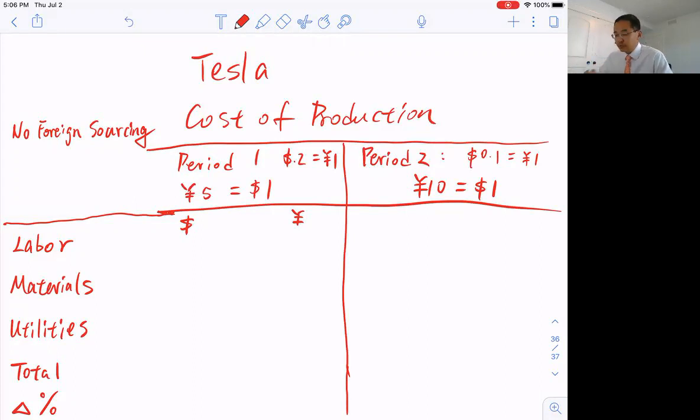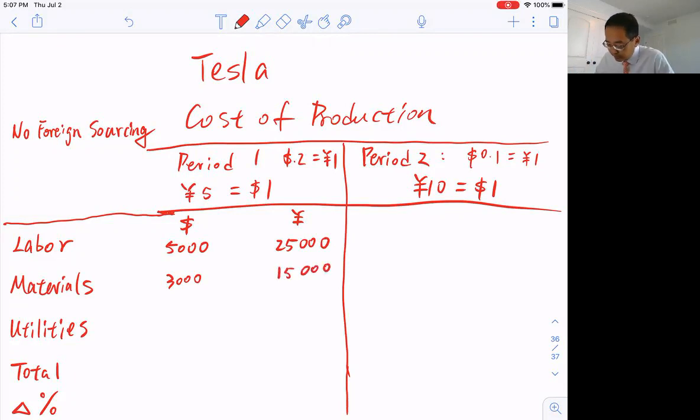Since period 1, everything we said is made in America, and to make every Tesla, let's say they pay $5,000 in labor, which is the equivalent of 25,000 yuan. And the materials maybe, let's say, $3,000, and that gives you 15,000 yuan equivalent.